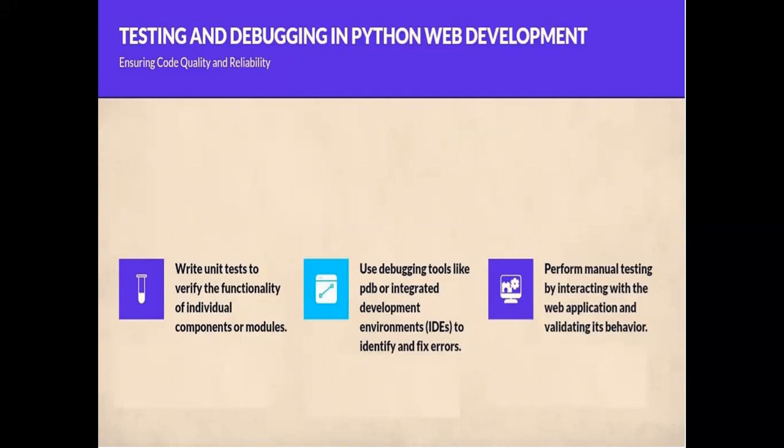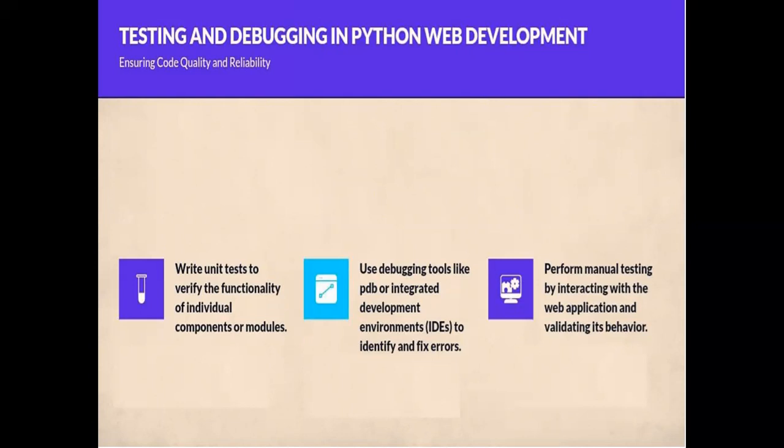Testing and debugging in Python. Writing tests and debugging code are an essential part of the development process. Python has testing frameworks like Unittest and PyTest for this purpose. First of all, write unit tests to verify the functionality of individual components or modules. Python provides testing frameworks like Unittest and PyTest for writing automated tests.